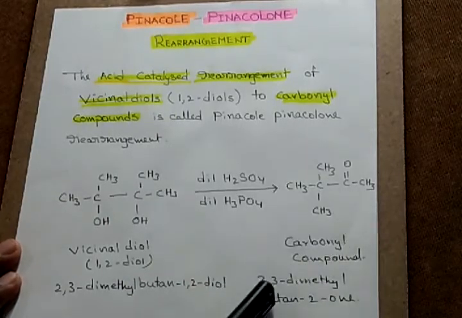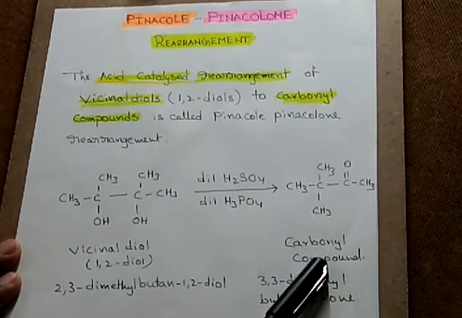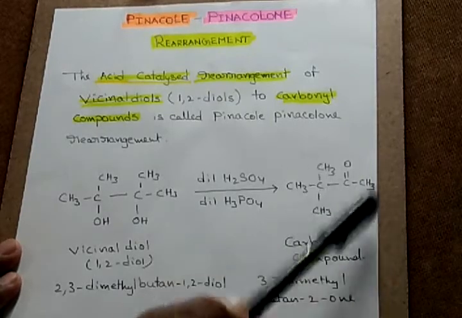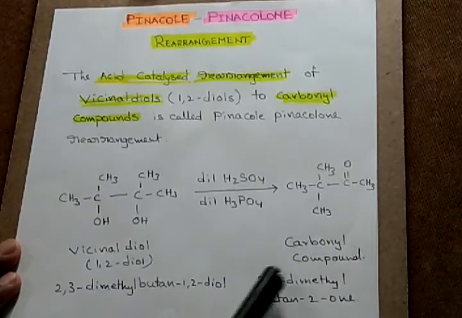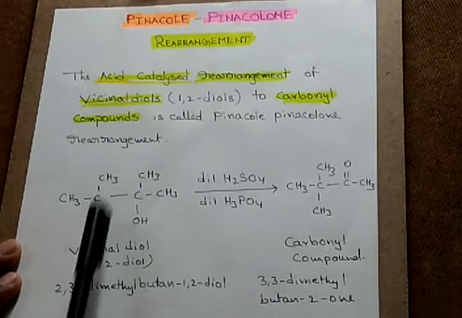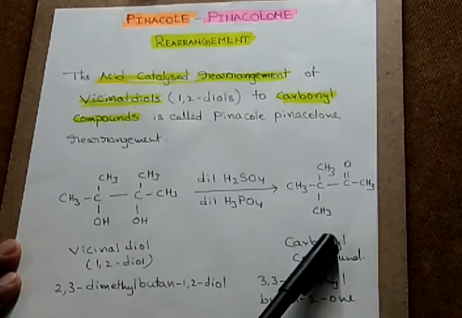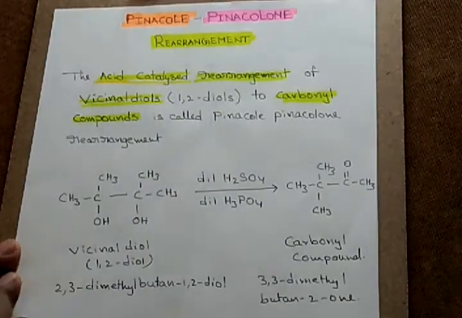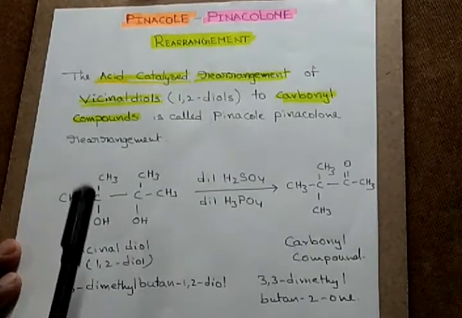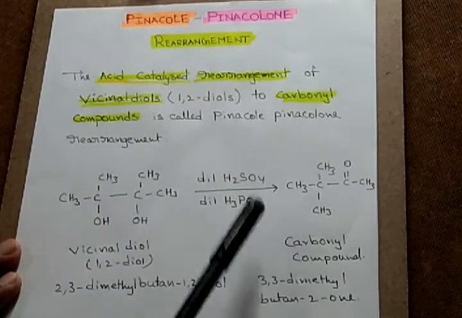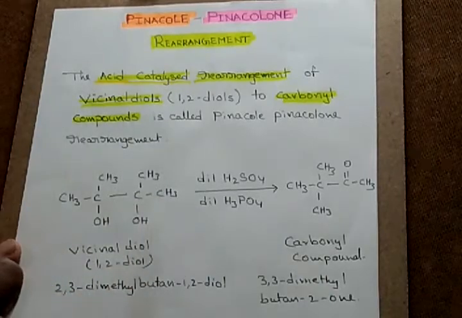A ketone is formed here, 3,3 dimethyl butan-2-one. So a diol is converted to a carbonyl compound. This is pinacol-pinacolone rearrangement. This conversion I will explain with the help of the mechanism, dear students.